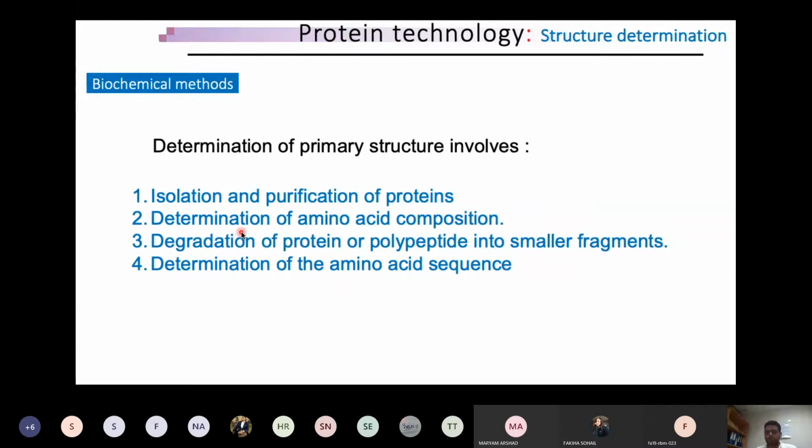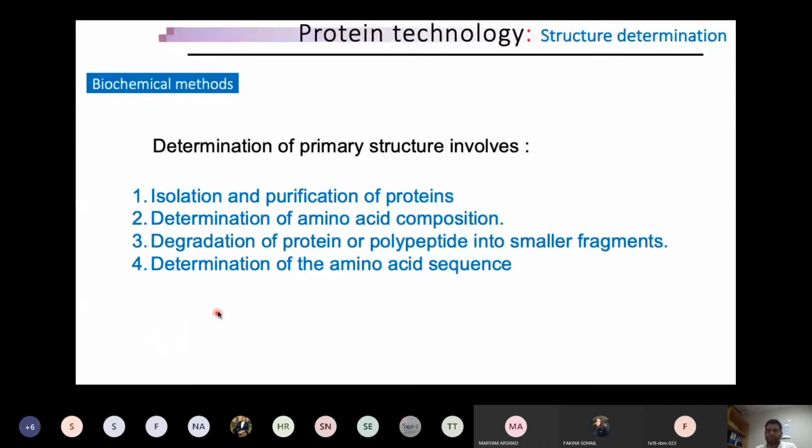The second step is to know the amino acid composition, what type of amino acids and in what quantities and percentages those amino acids are present in those proteins. And then degradation of proteins or polypeptides into smaller fragments, and what is the sequence of this protein.